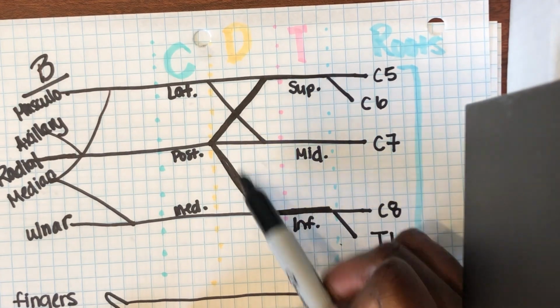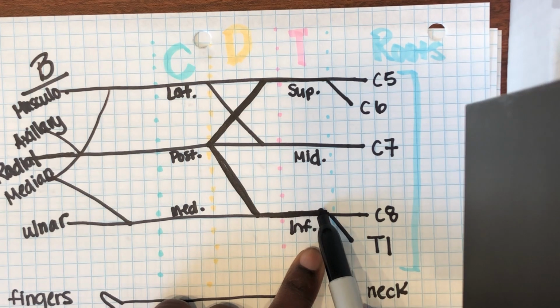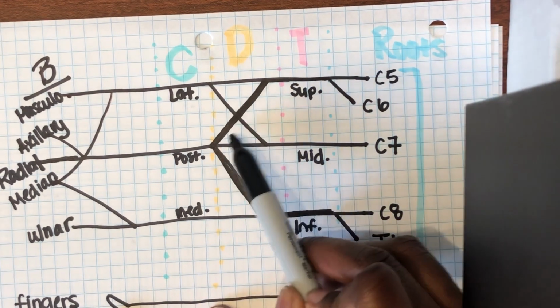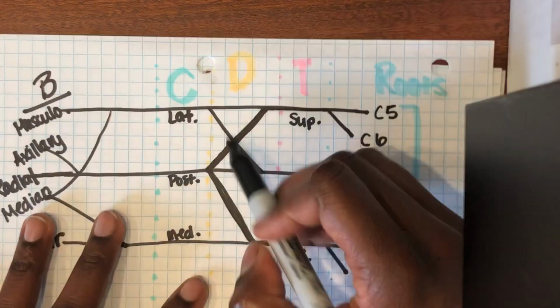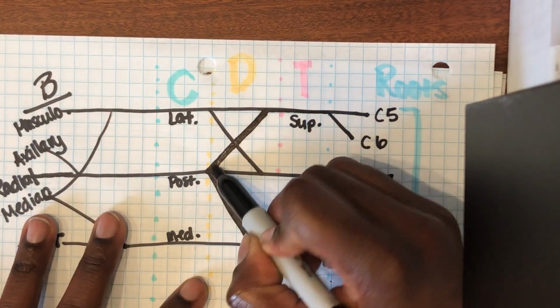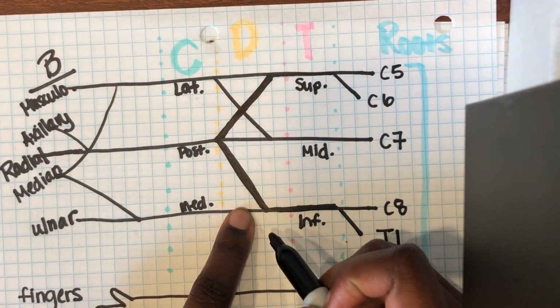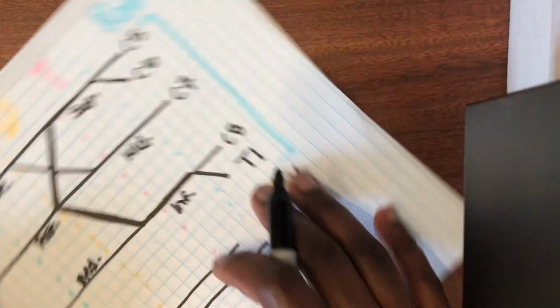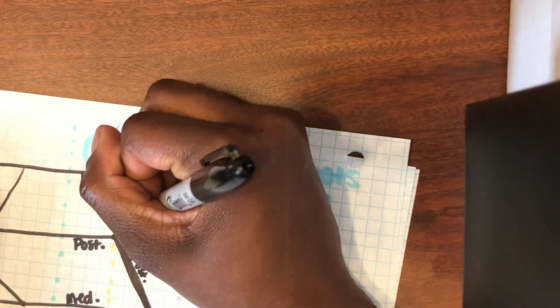These two segments that come off of our superior and our inferior trunk are called our posterior divisions, okay? So this part here and this part here are our posterior divisions. I'm going to put the word post here.